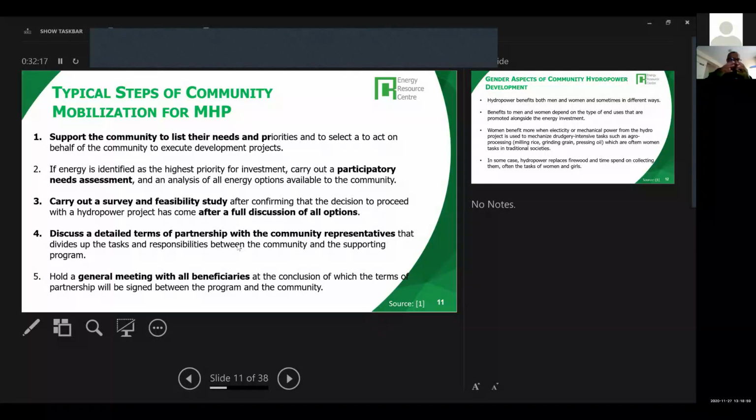To select a community organization, sorry, there was a small mistake. So the community has to know what their needs and priorities are in that area. Is energy the priority? If energy is identified as a priority for investment, then you have to carry out a needs assessment and an analysis of all energy options available to the community.